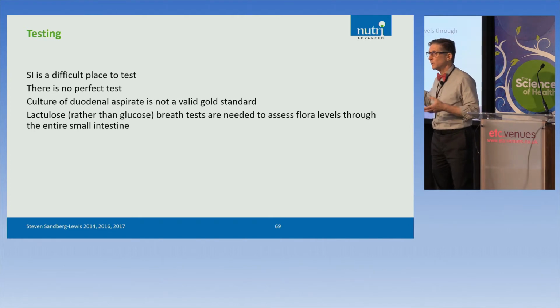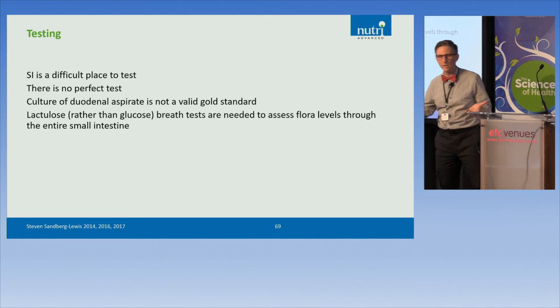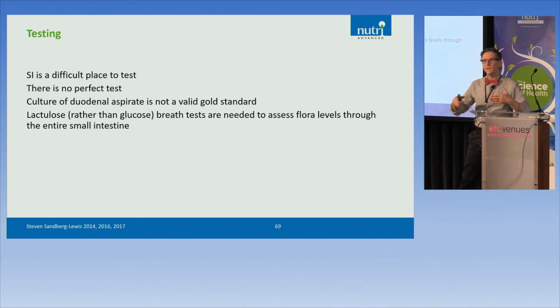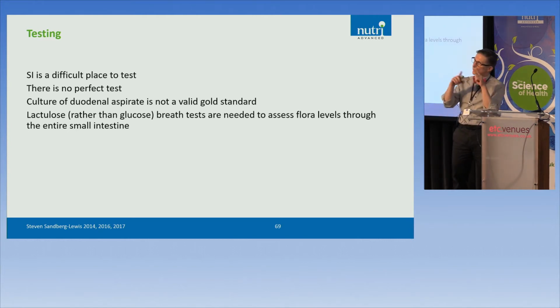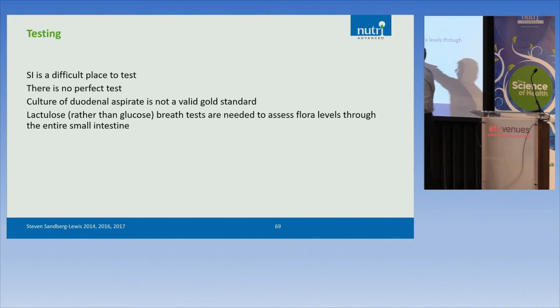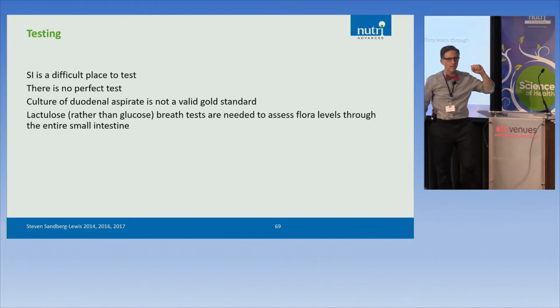So glucose is absorbed in the first 2 feet of small intestine. It doesn't show you what's going on after the first 2 feet. So it looks really close to what you see with the gold standard. But as we said, it's not really a gold standard. It's not a valid gold standard because it's only showing one type of SIBO, the proximal type.